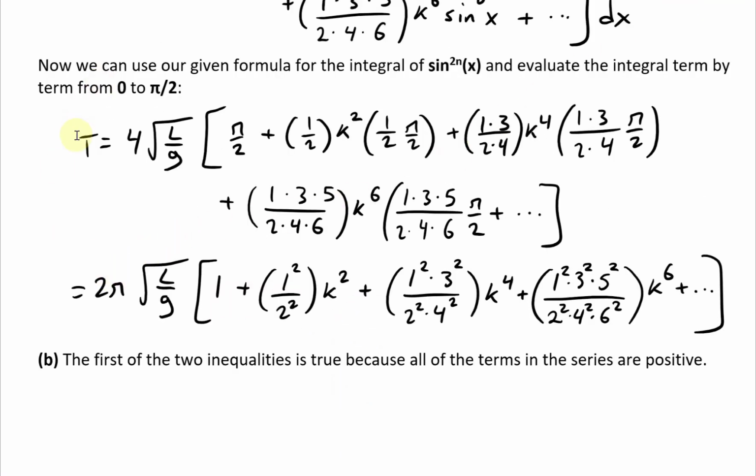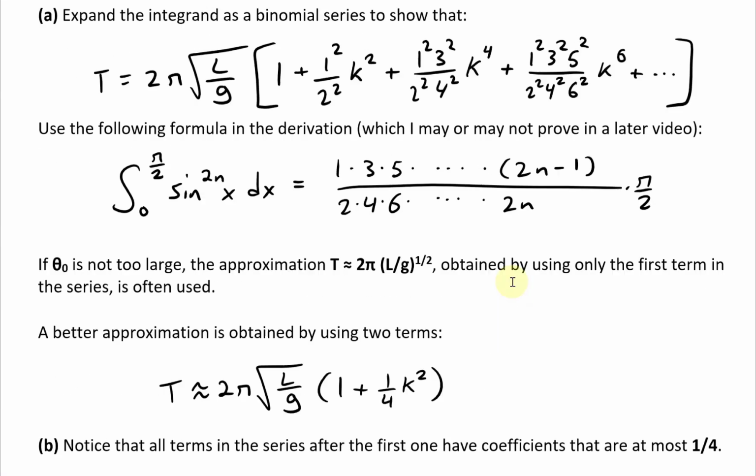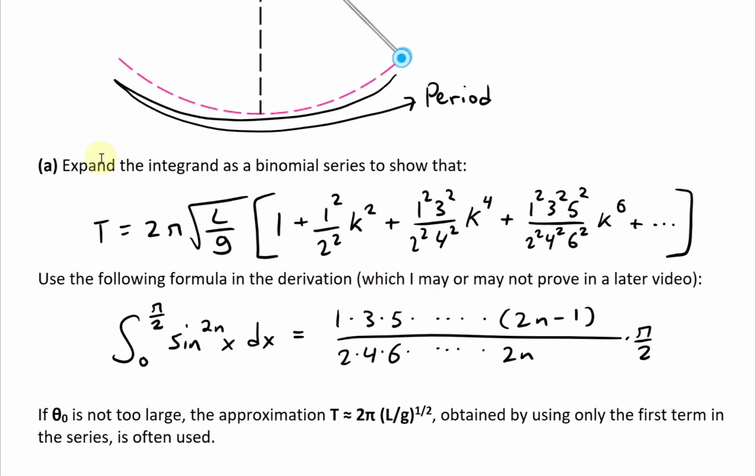So this T equals this, and we can see that this is actually what we were asked to solve, and I'll just double check that. If we look at part A, when we expand the integrand as a binomial series, we can show that we will have 2 pi times square root L over G times 1 plus this 1 squared over 2 squared, then 1, 3, 2, 4, all these squares, and there's the k squared, k4, k6, and there's the 1, 3, 5, 2, 4, 6.